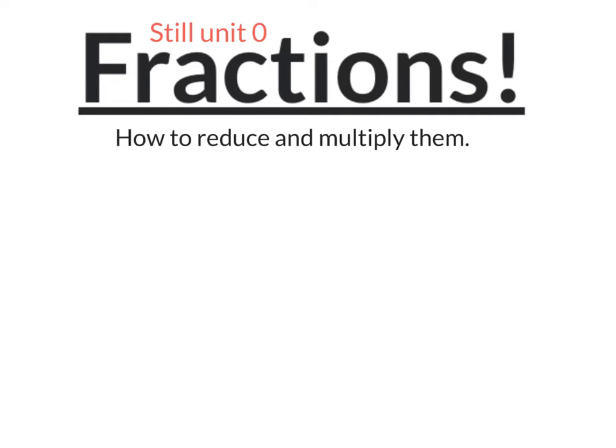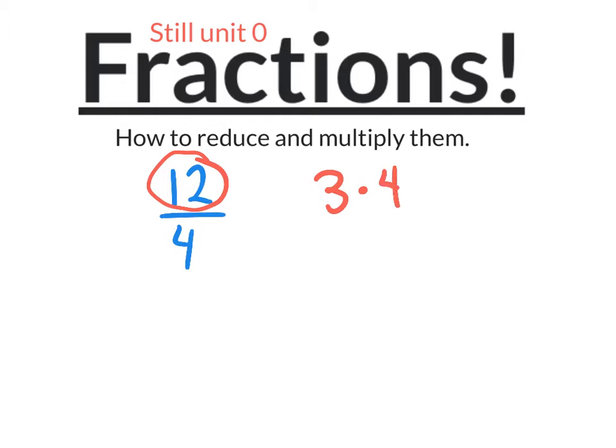Now let's look at the fraction 12 over 4. 12 divided by 4 is 3. Now let's tackle this a slightly different way. I'm going to rewrite the 12 with multiplication as 3 times 4, and it's still over 4. Why would I do this?